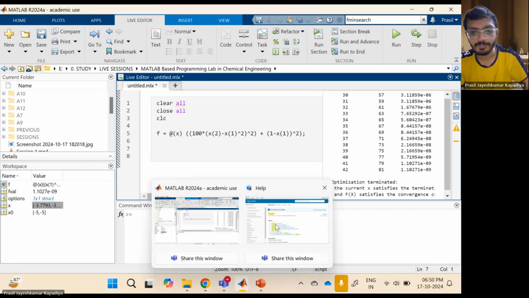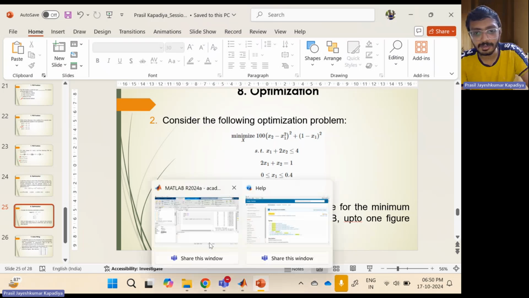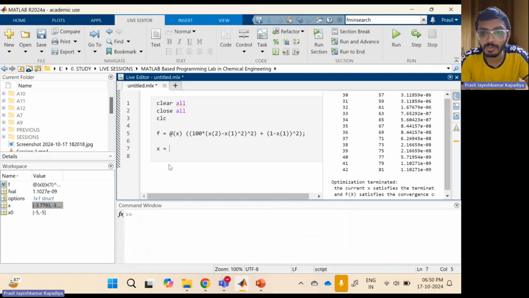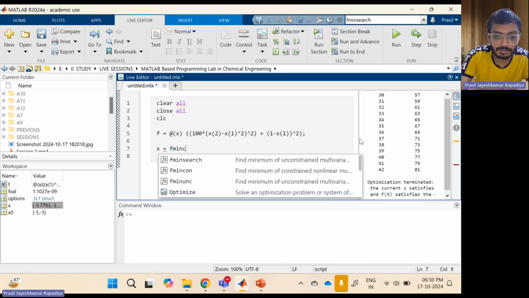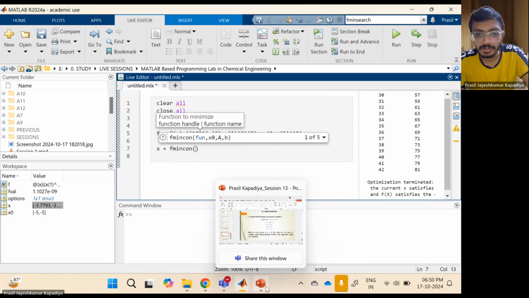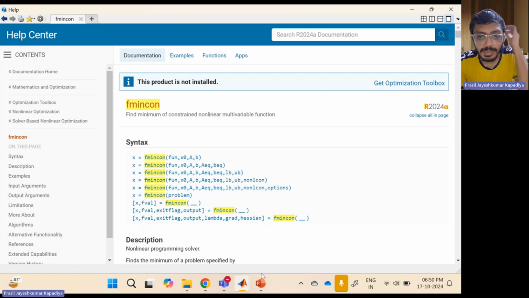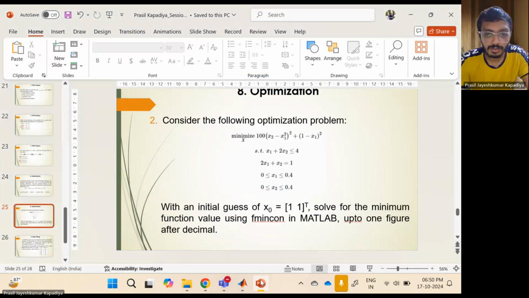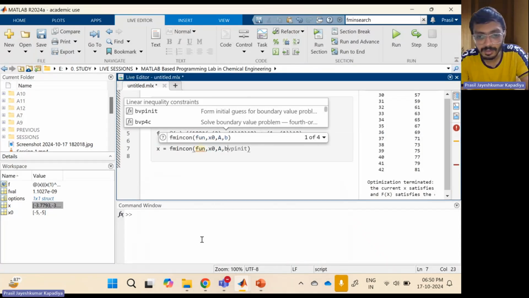So now this is my syntax. So let's write the syntax first and then try to understand what part is what. x is equal to fmincon. What is the syntax? It is function, x0, A, b.